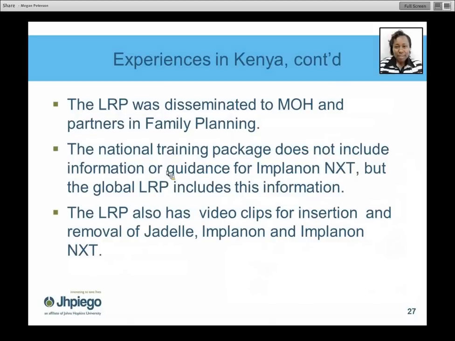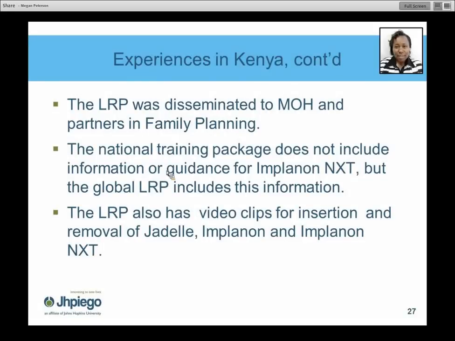So the learning resource package, I had alluded earlier that in Kenya we have a training package, but the learning resource package developed by Jhpiego, which we disseminated to the Ministry of Health and other partners working in family planning and stakeholders.